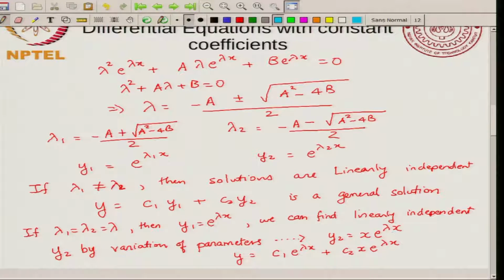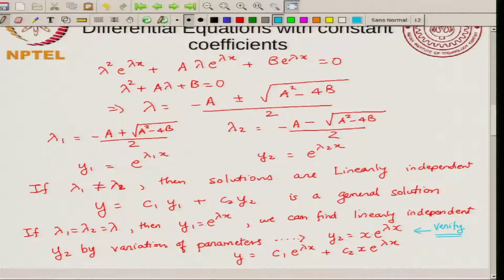So I will just say that you can verify this using the methods that we did in the last class. You write your y2 as u times y1, and then you substitute in the differential equation, and after all this cancellation, you will find that u prime equal to 0, and so u will be equal to a constant capital U. Since u is a constant, your small u just becomes equal to x.